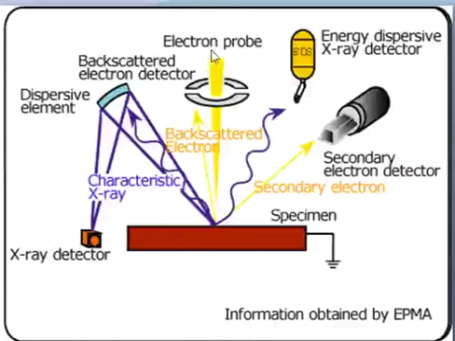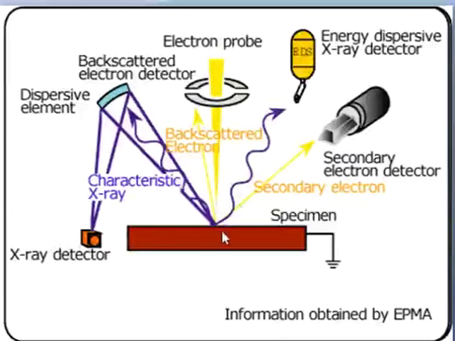So primary electrons are generated from the electron probe, which will impinge on the specimen. Backscattered electrons are generated, which we have already seen in scanning electron microscopy, and are detected by the scanning coils. An energy dispersive X-ray detector is also present here, which will detect the emitted X-rays from the surface.